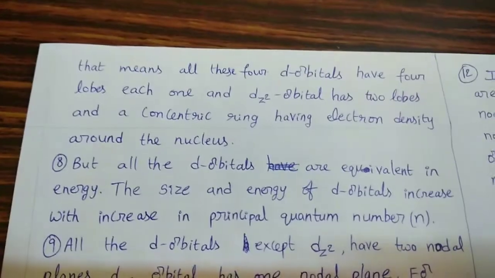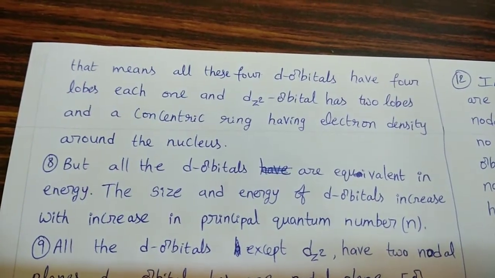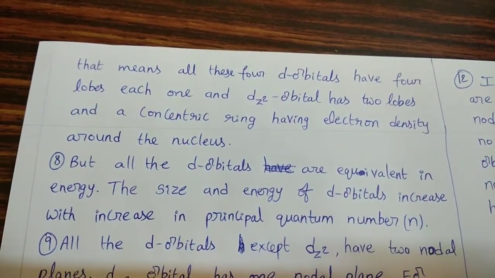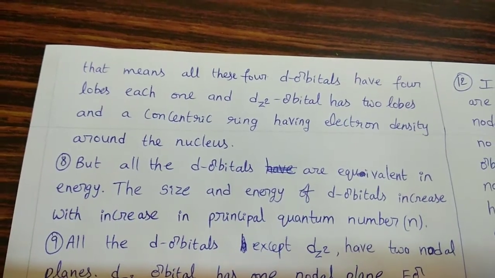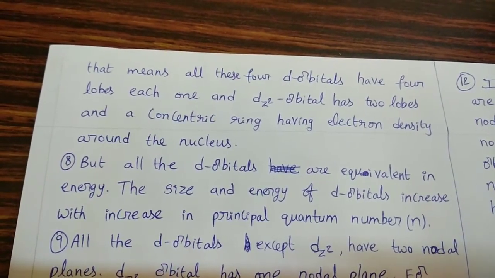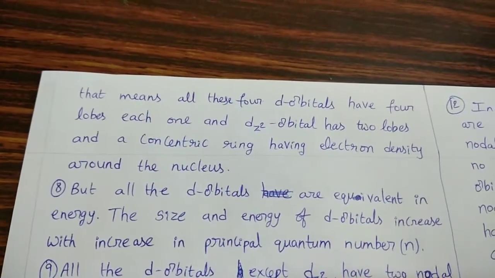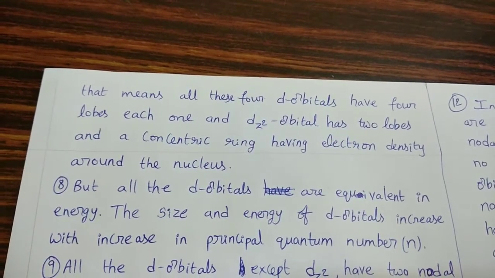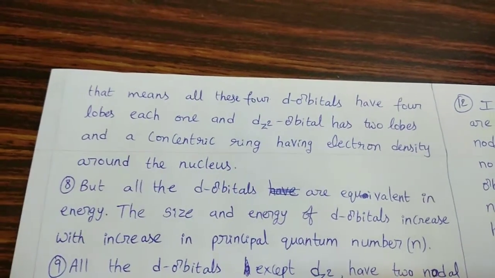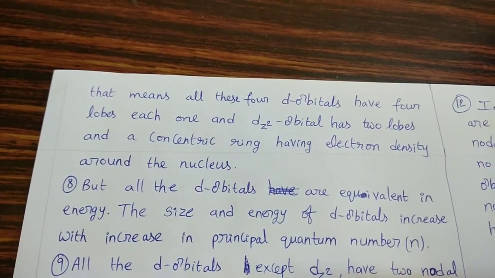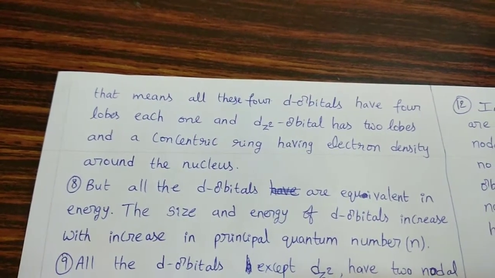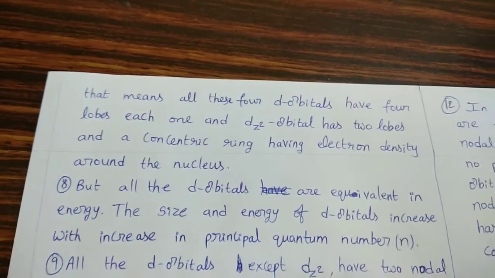Okay, but all the d orbitals are equivalent in energy. Their shapes may be different, but they have the same, equivalent energy. The size and energy of d orbitals increase with increase in principal quantum number. Same as s orbital and p orbital, as the principal quantum number increases, their size and energy increase.